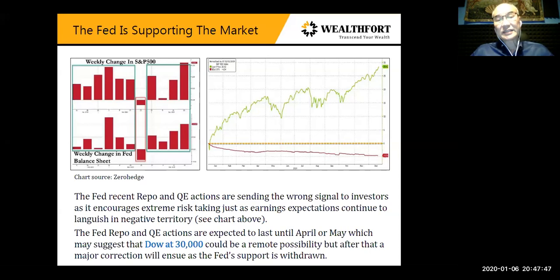So they are sending the wrong signal to investors as it encourages extreme risk-taking, just as earnings expectations continue to languish in negative territory. The Fed report and QE actions are expected to last until April or May, which may suggest Dow at 30,000. Could be a remote possibility, but after that, a major correction will ensue as the Fed support is withdrawn.